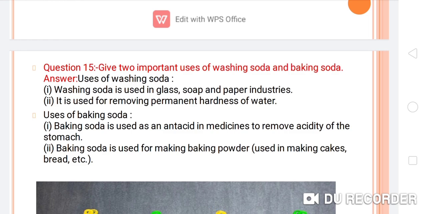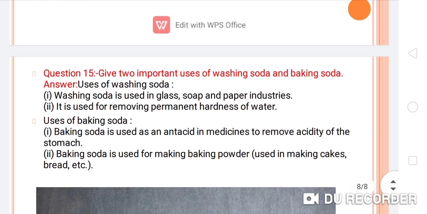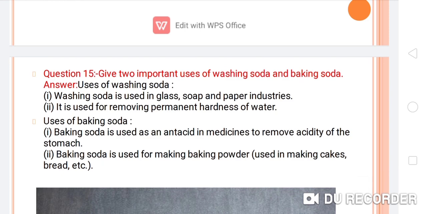And uses of baking soda: baking soda is used as an antacid in medicine to remove acidity of the stomach. And second, baking soda is used for manufacturing baking powder used in making cakes and bread, etc.